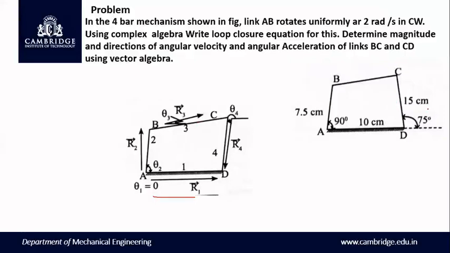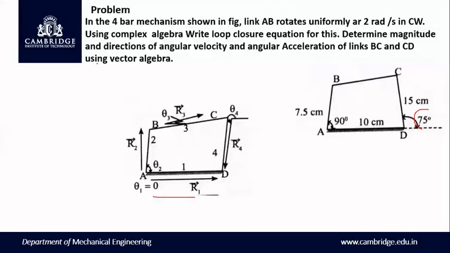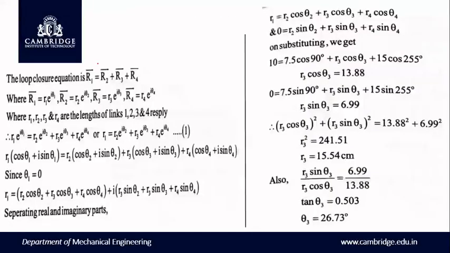And one more thing, in the diagram 75 degrees is given, so while taking theta 4, we need to take much care. Or else we can take another loop closure equation also, that is R1 is equal to R2 plus R3 plus R4. That format also you can use. At the beginning itself I told you any one of the 3 loop closure equations can be followed.